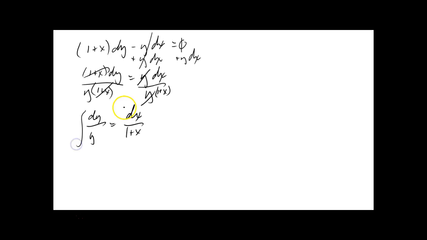Now if you integrate both sides, this, I hope by now you recognize that as being natural log of y. Need to put absolute value bars unless you, for some reason, a priori, know for certain that y can never be negative, then you wouldn't need absolute value bars. But if you don't know that, always assume it's absolute value. And over here, you have almost the same thing, the log of absolute value 1 plus x.